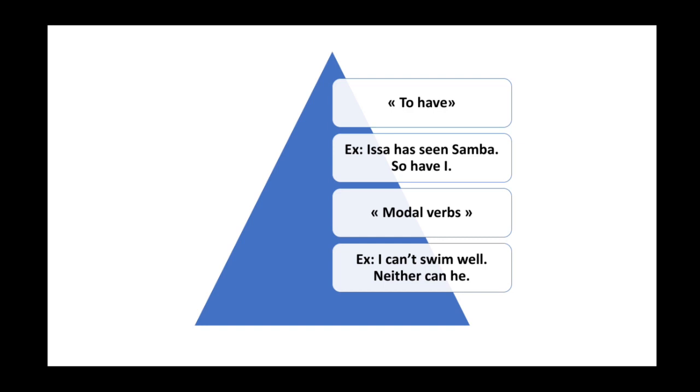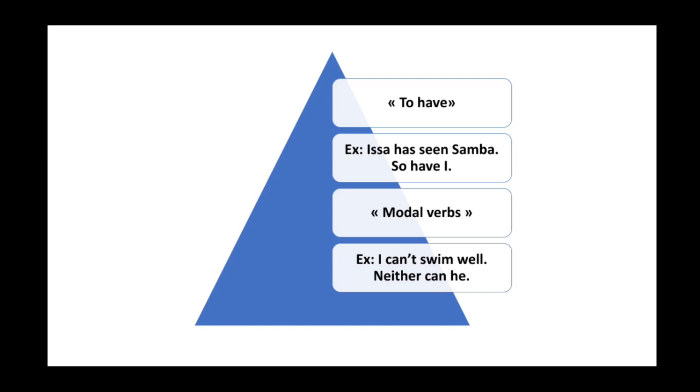Now we are going to see to have. We can use also to have. We use to have when we have present perfect, or past perfect, or present perfect continuous, or past perfect continuous, or when we have to have as an ordinary verb. Because you know what? In English, we have two kinds of to have. It's a little bit hilarious, but it does exist.